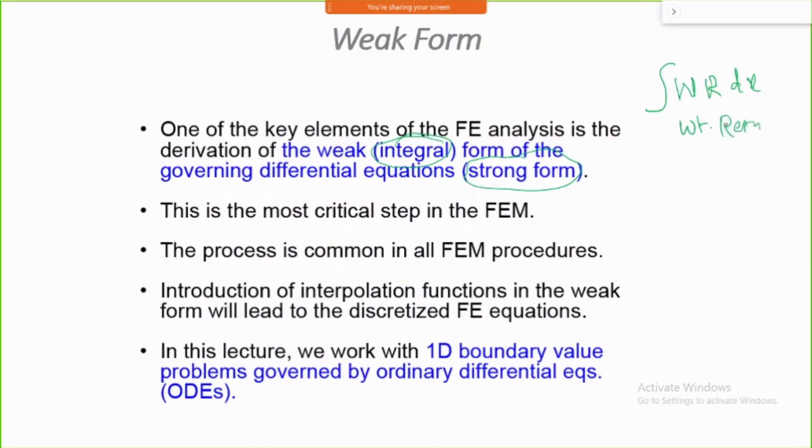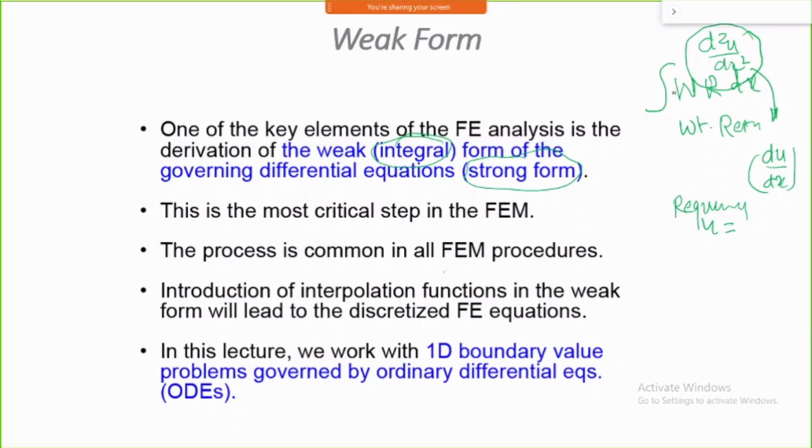If I integrate this once, and my derivative is d2u by dx square, it gets reduced by once to du by dx, and the requirement on the particular solution will be reduced. That is weakening the requirement on u, that is, the requirement on the polynomial reduces, and that is the reason it is called a weak form.